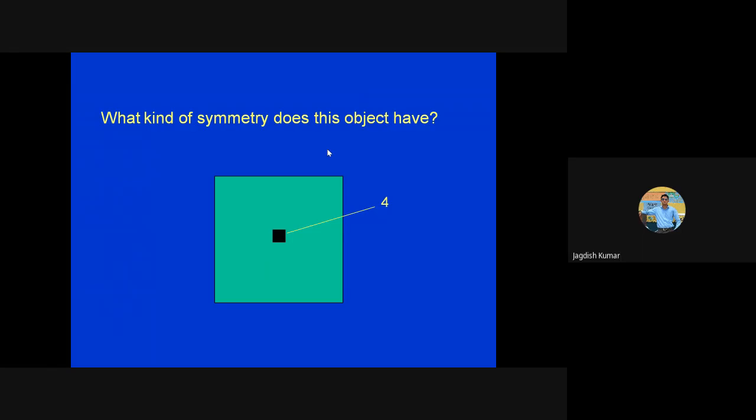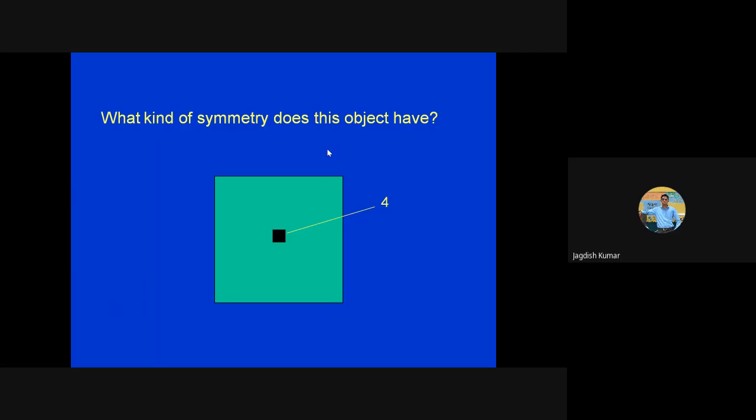In the case of a square, 2 pi, which is 360, divided by 4 gives you 90 degrees, right? So a square has a 90-degree rotational symmetry, and we say that there exists a four-fold rotational axis of symmetry for a square.